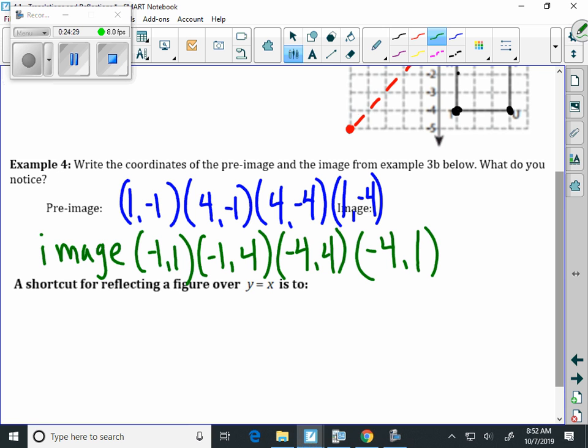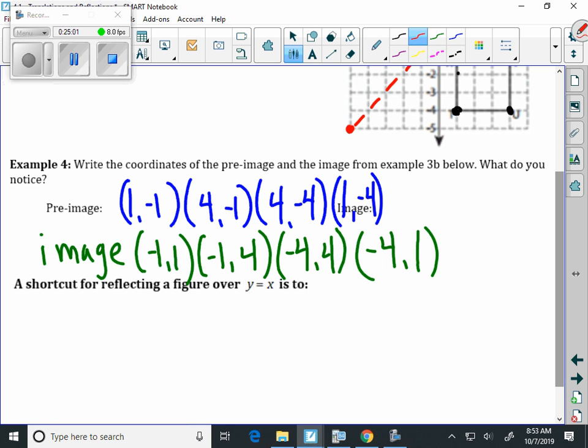Do you see any relationship between those points? Hopefully you do. We had 1, negative 1, and it became negative 1, 1. It looks like they flipped places. 4, negative 1 became negative 1, 4. 4, negative 4 became negative 4, 4.